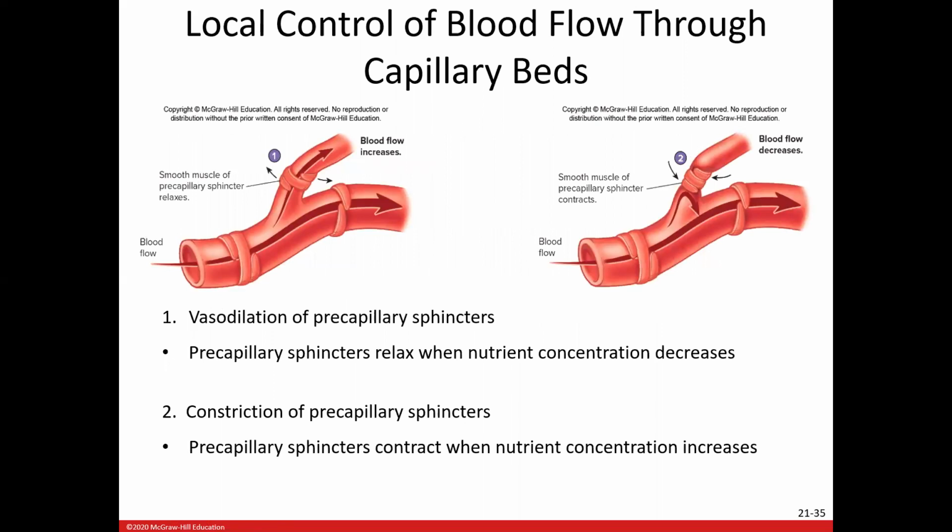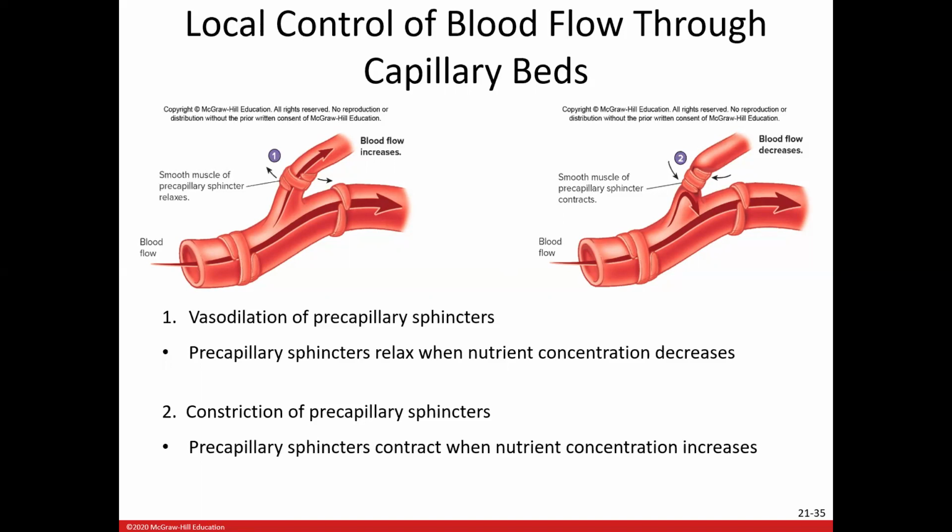So local control is really just based on what the tissues need and how the body is going to react to that. So within our capillaries, we have our capillary sphincters, which if they're tightening down, they're going to block blood flow, but if they're loosening up, they're going to allow for vasodilation and allow more blood flow through the capillaries.